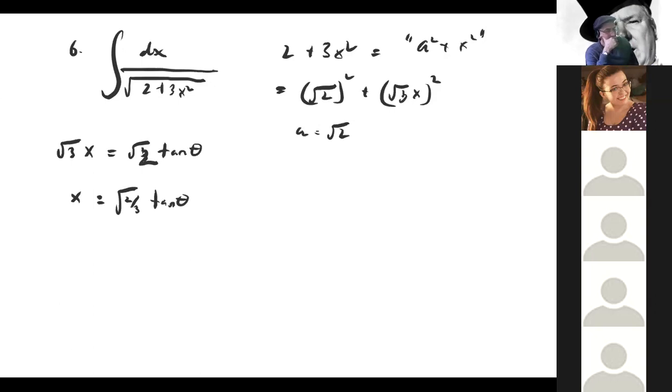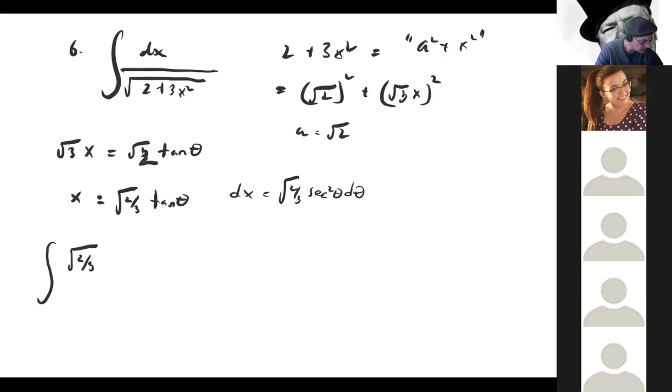Okay, so now I'm ready to do my substitution, and this is the integral. Okay, so I have to take dx, which is the square root of 2/3 secant squared theta d theta. And so we're going to get the square root of 2/3 in the numerator, secant squared theta d theta.